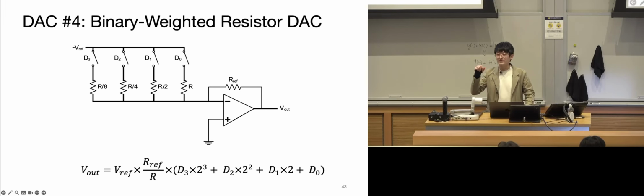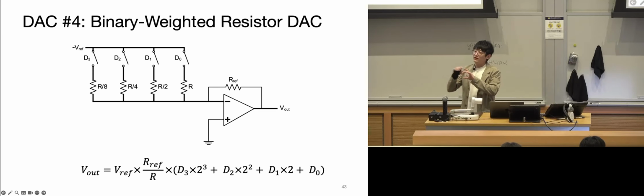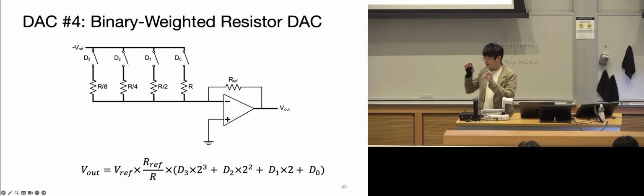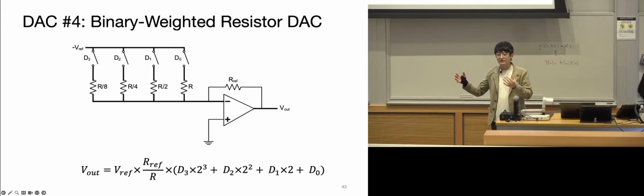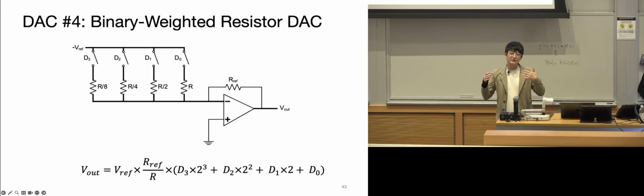Why it would be much harder to do R, 2R, 4R versus just using Rs is because if you manufacture everything in one batch, it's easier to get them similar to each other.